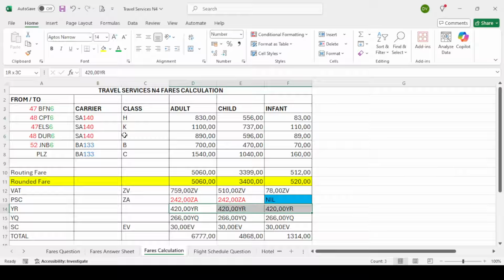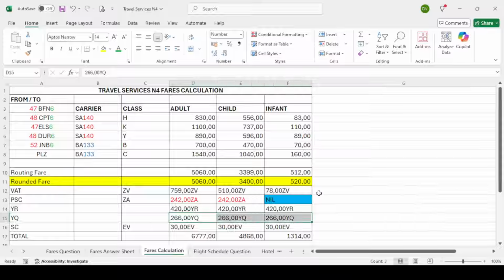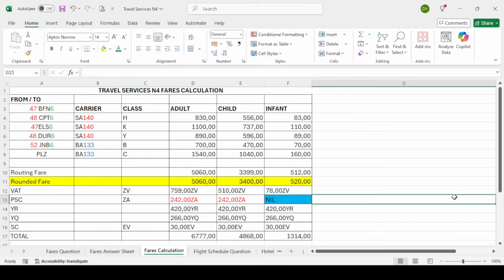For your YQ, you add all of your YQ taxes together. This is for British Airways. Everybody pays it. And to get your SC charge, you are charging 6 Rand per departure city. You add all of the 6 Rands together. It gives you 30 Rand and everybody pays it.